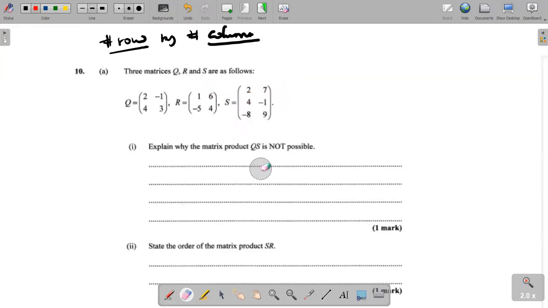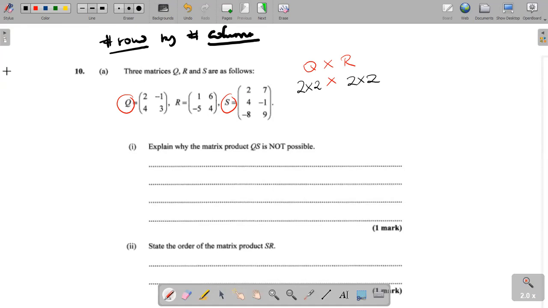So let's see if you can. Explain why the matrix product QS is not possible. If we multiply Q by S, why is that not possible? There's a rule. For you to multiply 2 matrices, you have to set it out like this. Let's say we want QR, Q times R. What's the order for Q? A 2 by 2. Times, what's the order for R? A 2 by 2.